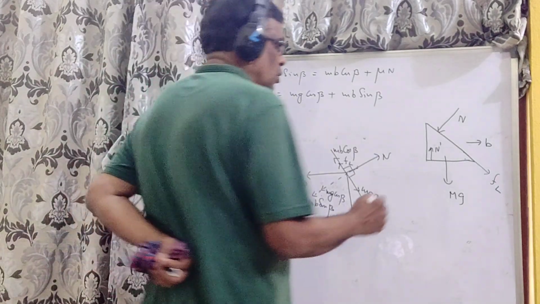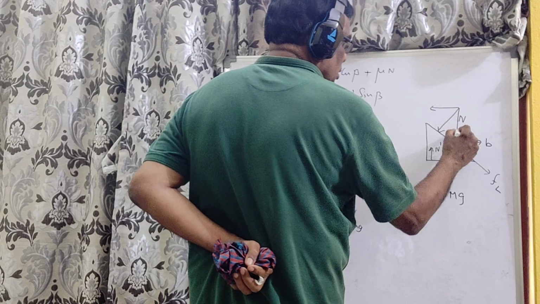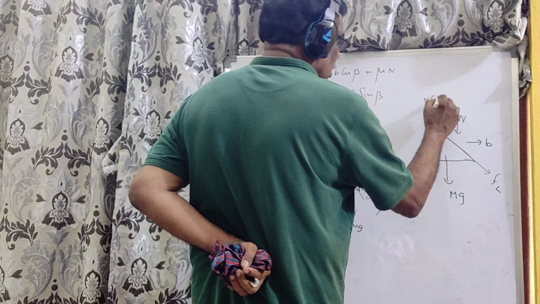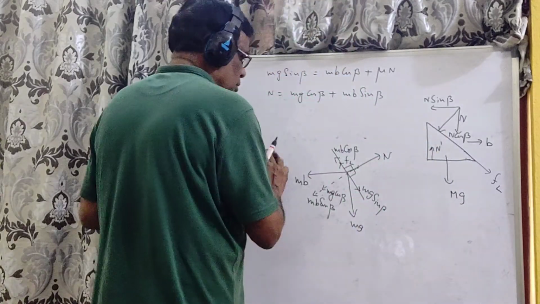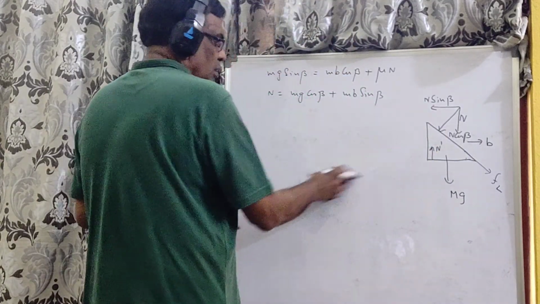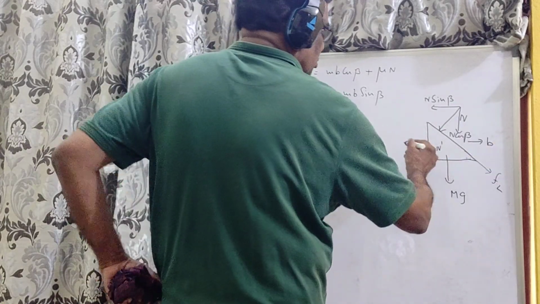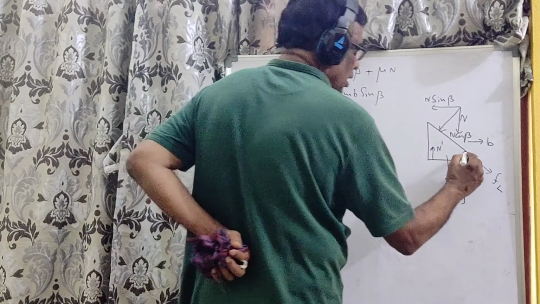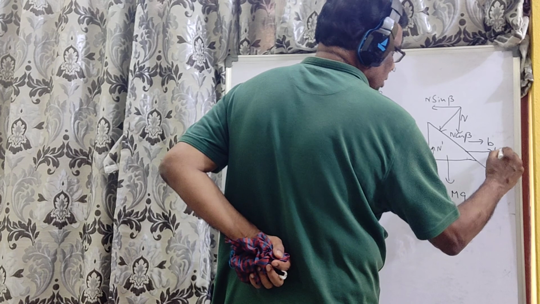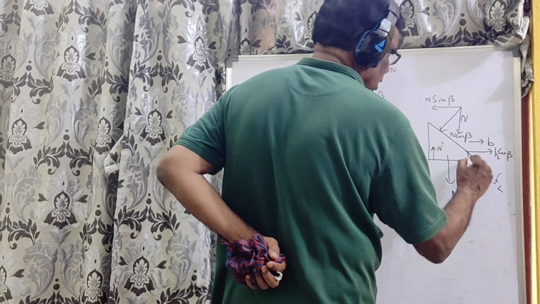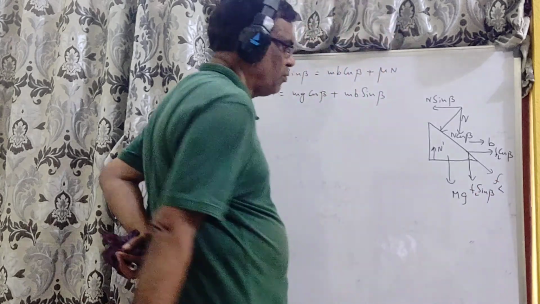We have virtually got all the terms. So this is N sine beta, N cos beta. Now, what equation do I get in this direction? In this direction, FL, this is FL cos beta, FL sine beta.